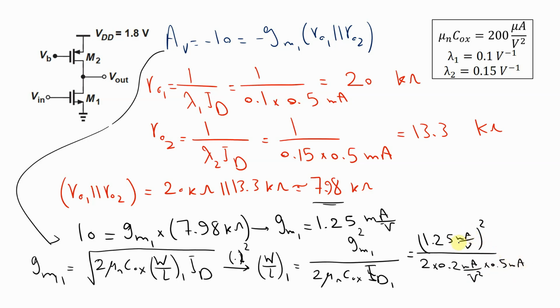You see, the milliampere squared and these 2 milliamps cancel out. 2 times 0.5 equals 1. So 1.25 squared divided by 0.2, which is approximately 7.8, the result for the W over L ratio of this transistor. This is the final answer for this problem.